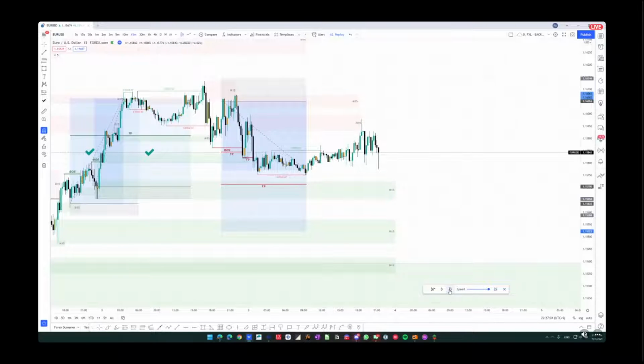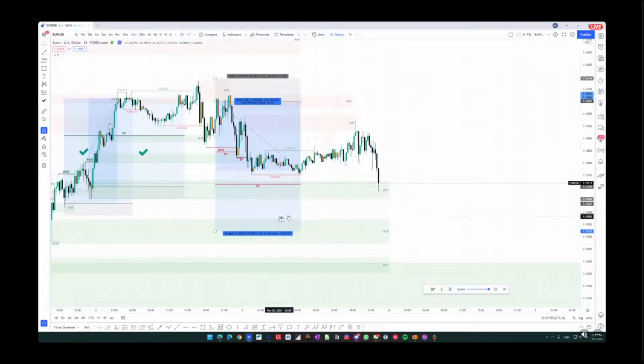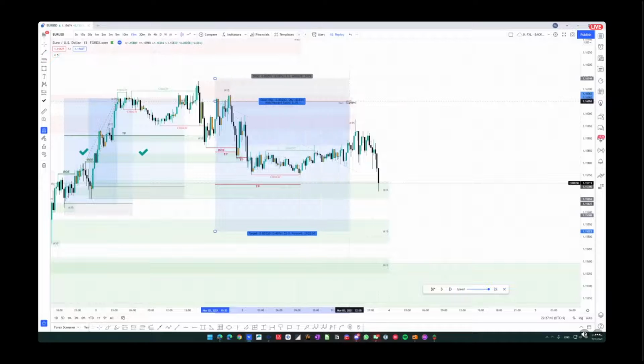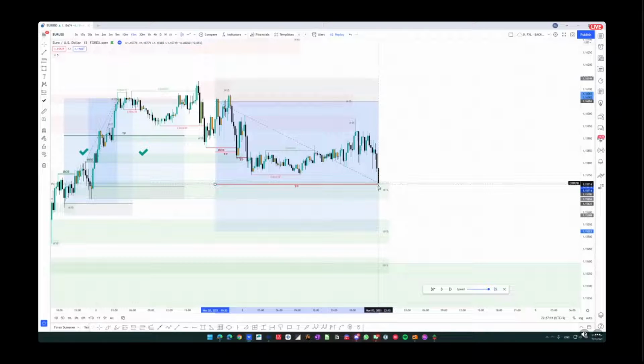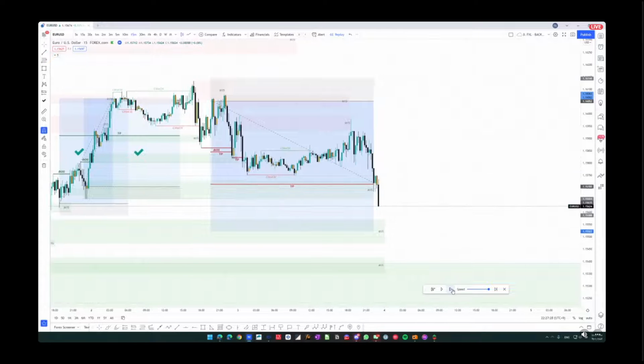This whole thing is chopping in the range, but it's still pushing down. Our TP to hit. So far we're still looking good. It's reacting off this demand zone right now. Let's see what happens, if it can break through. It broke through. Okay, perfect.